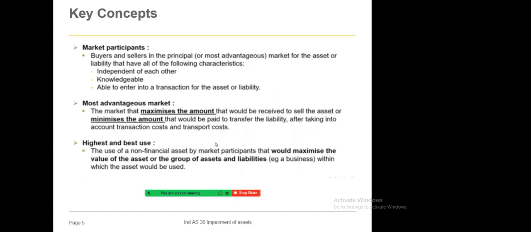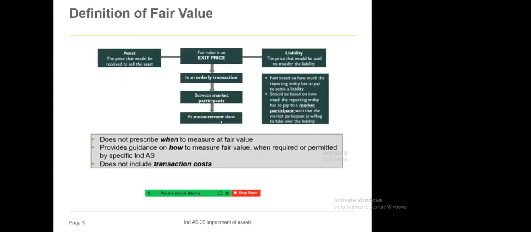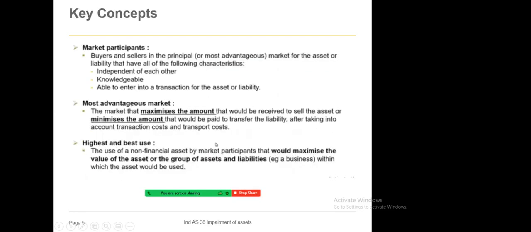Now coming on to what we mean by market participants. As I mentioned when we were discussing this definition, market participants are the buyers and the sellers in the principal market for the asset or the liability that have all the following characteristics. That they are independent of each other. That means the buyer and seller should not be related to each other, because if they are related, the price will not be an arm's length price.